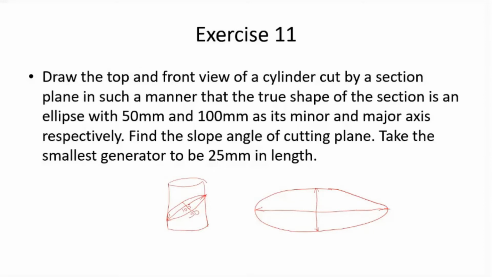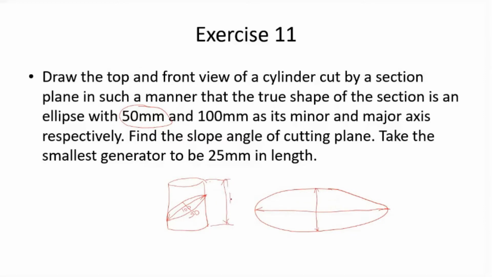So from this it is evident that the minor axis length will be equal to the diameter of the cylinder. So 50 millimeter is the diameter of the cylinder. And the height we cannot assume right now.